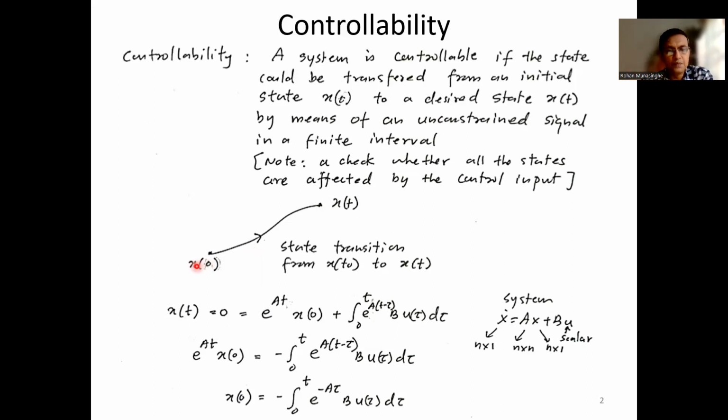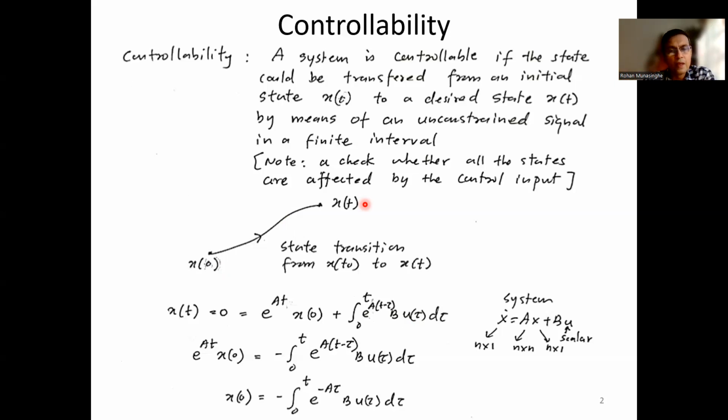Below here is the state transition equation with control signal u(t). Without losing generality, we can set xt equals 0. I think that's not a surprise to you, to set the final destination of the system to be 0.